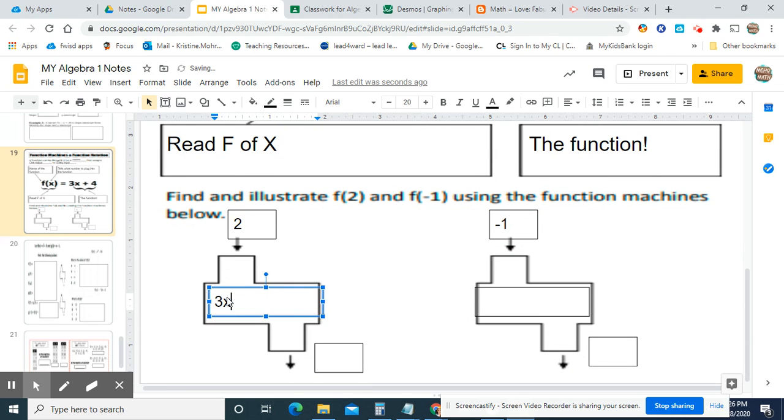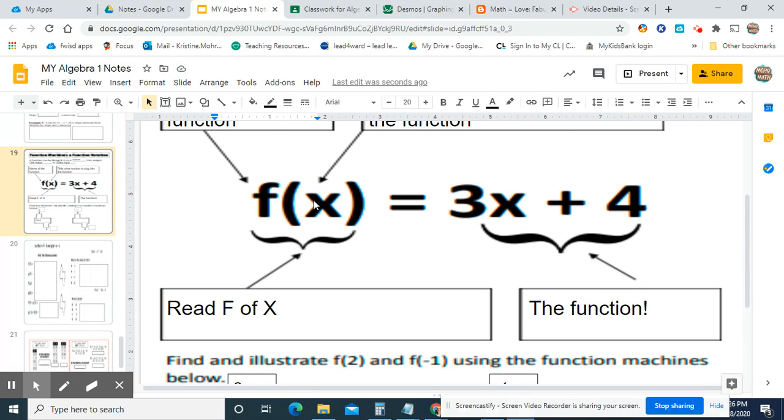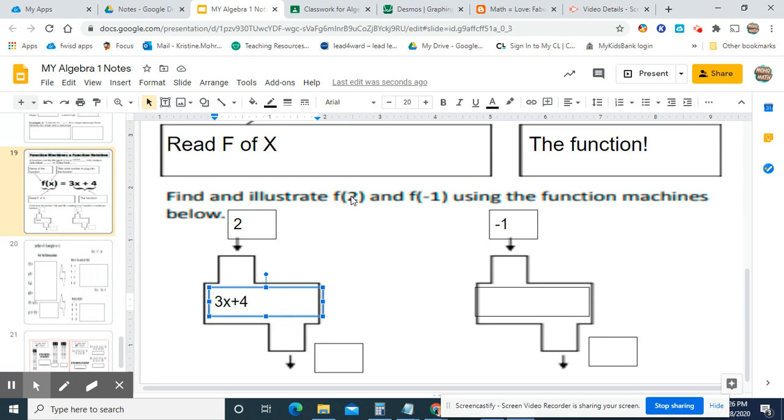So 3x plus 4. If you notice that up here it has x inside the parentheses, but now it has a 2 on the inside. So the only thing that changed was the actual 2. Same thing here, instead of x, we're going to have 2, and then add 4.